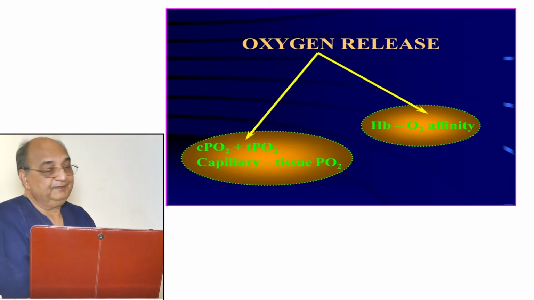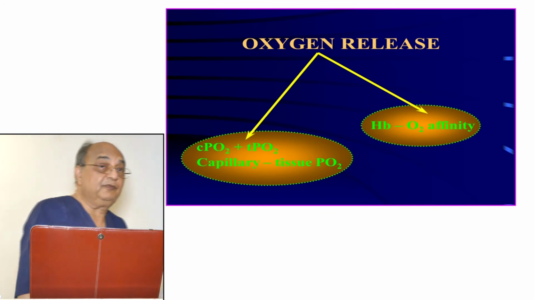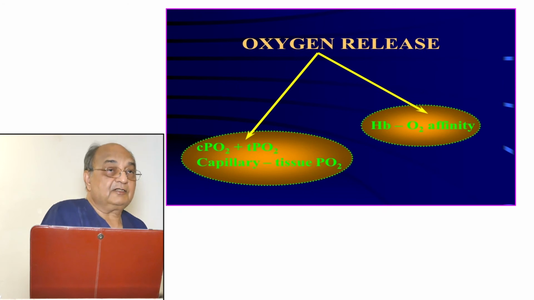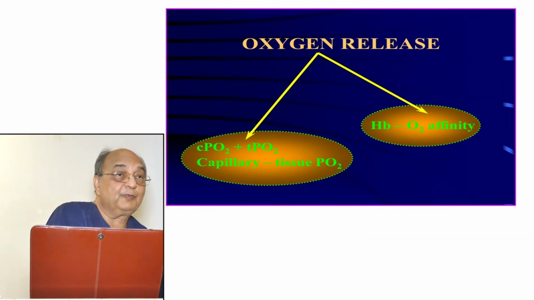Oxygen release: you will have to look at the hemoglobin oxygen affinity. Then you have to look at what is the capillary PO2 and the tissue PO2. Because things always flow, whether it is a liquid or a gas, the things always move due to pressure gradient, from higher pressure to lower pressure.